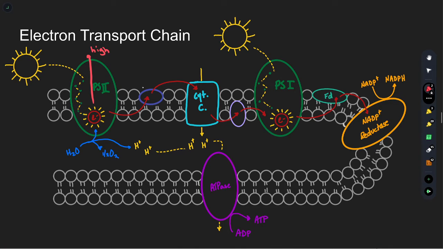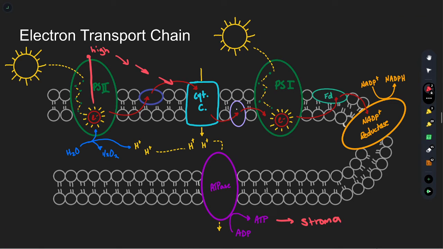As it travels through this first leg of the ETC, it decreases its energy level. When it reaches cytochrome C, the cytochrome complex uses the energy from the excited electron to pump protons. This generates a gradient alongside the protons from water splitting, and we needed water splitting, right, to replenish the electron that PS2 lost. But these protons develop a gradient. ATP synthase uses that gradient to make ATP, which goes to the stroma.